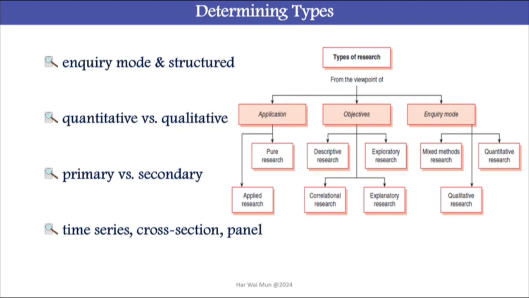They try to apply pure research. You want to find the vaccine for COVID, then they're testing, right? Some are descriptive, exploratory, but mostly we are more on quantitative research. Of course, some may be qualitative or some will be mixed, but mostly this training will be more on inquiry mode, quantitative.